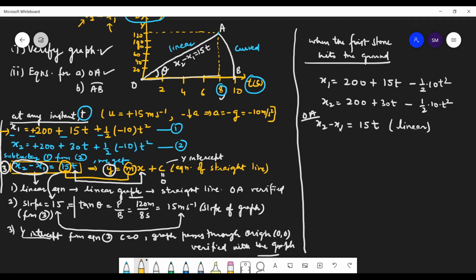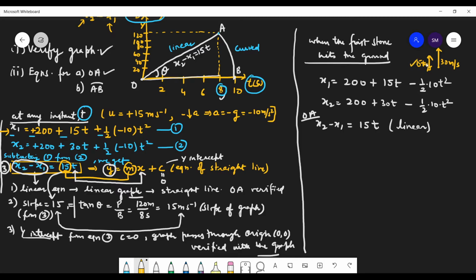Now the point is that unless and until one of them becomes 0, see what will happen, because you know that you have thrown stone 1 with a speed of 15 meter per second, and another with 30 meter per second.